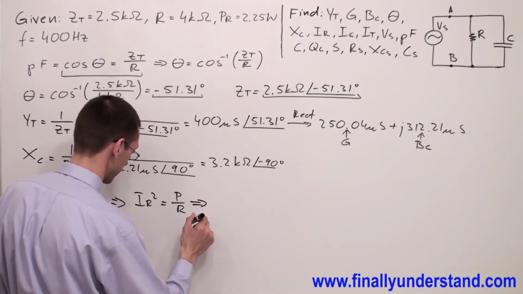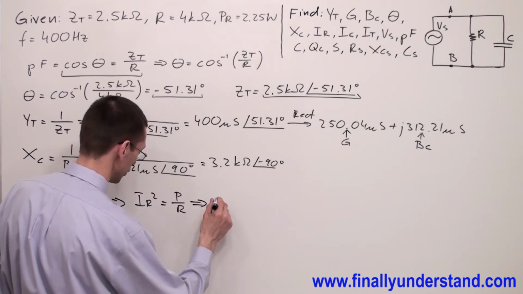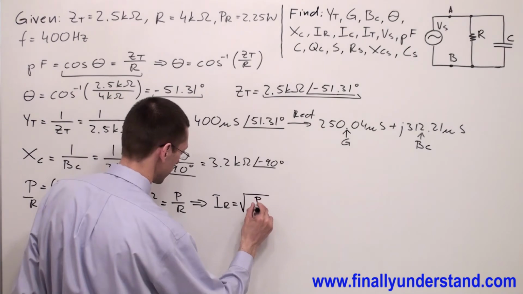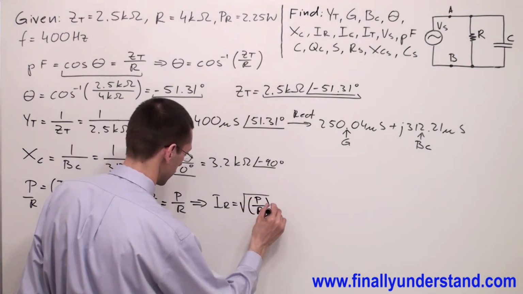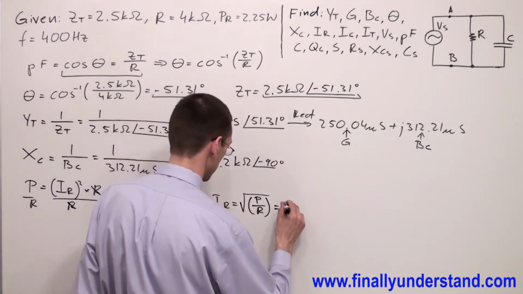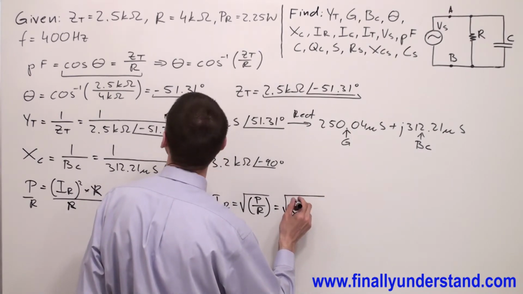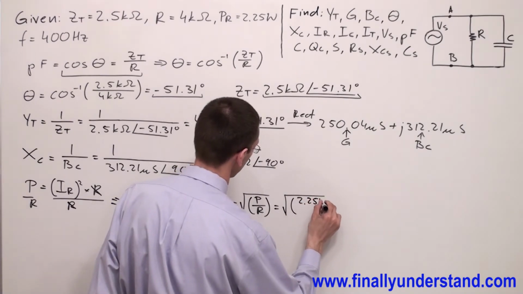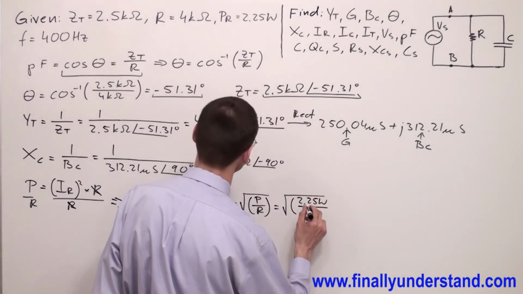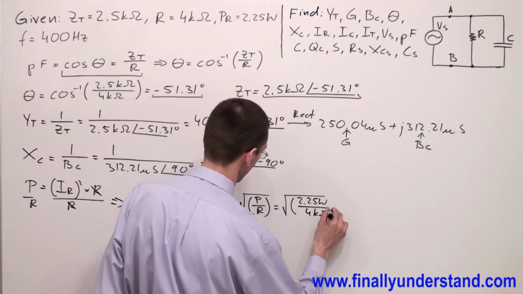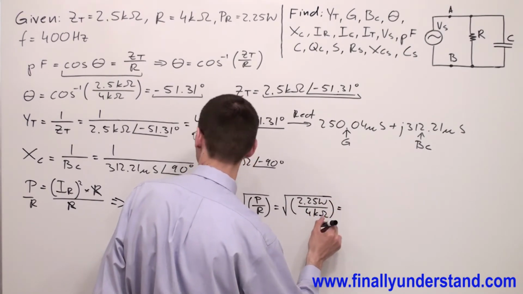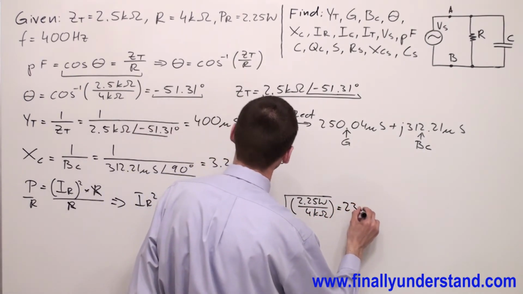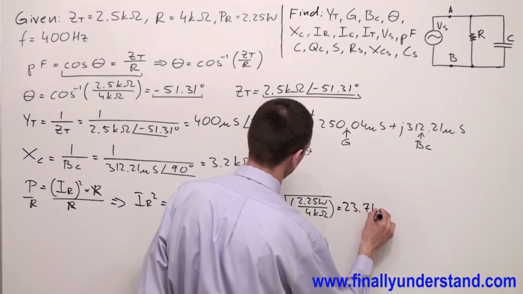So IR equals square root of P over R, which is equal to square root of 2.25 watts over R, which is 4 kilo ohms. This is equal to 23.71 milliamps.